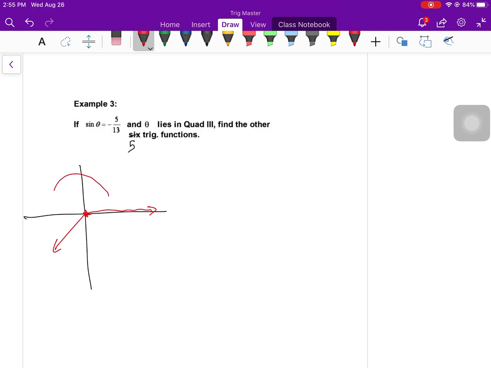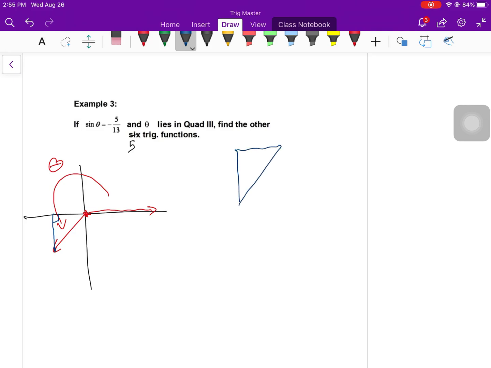Okay, my angle did this, but what I want to do is go from the end of this ray, technically not an end, but I'm going to drop a perpendicular down. Okay, so what I'm actually having is this right here where sine was negative 5 over 13.